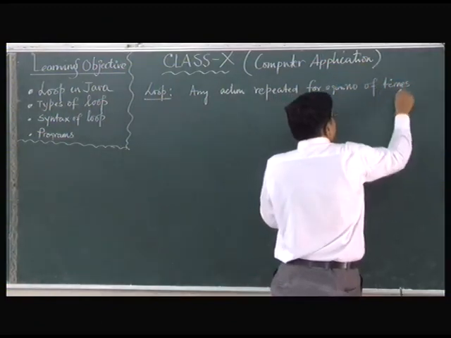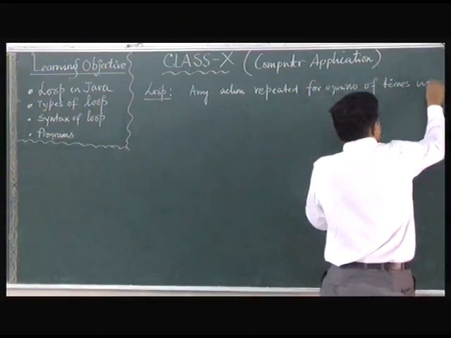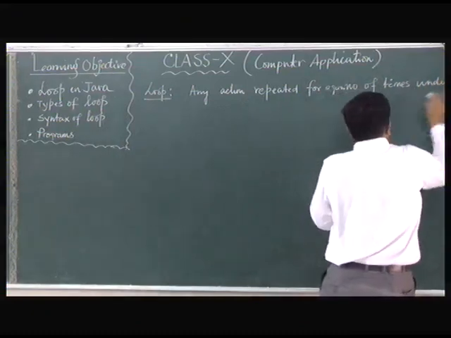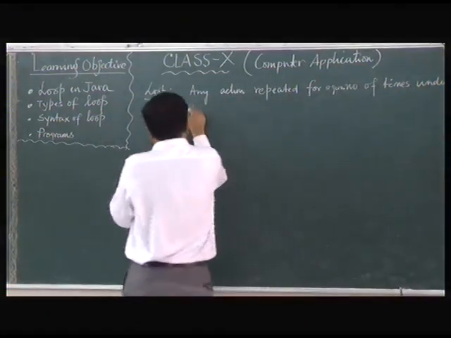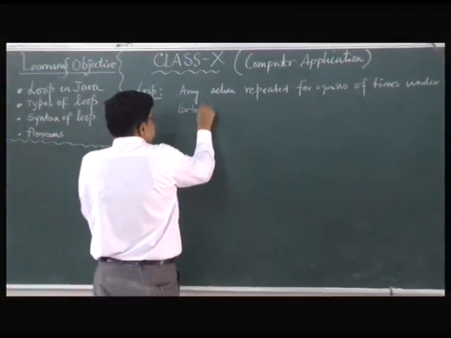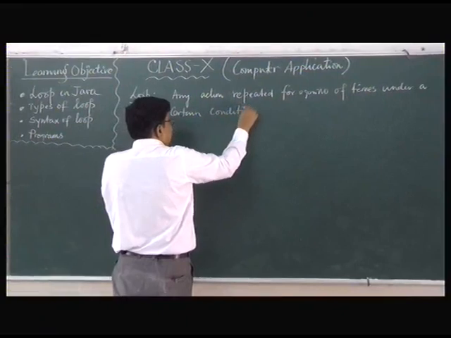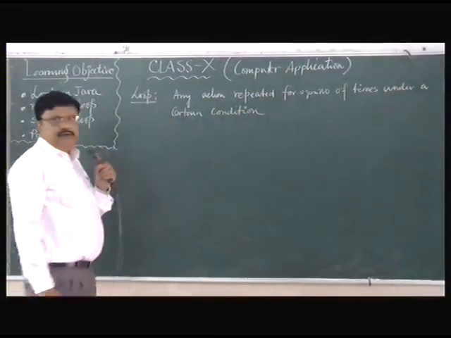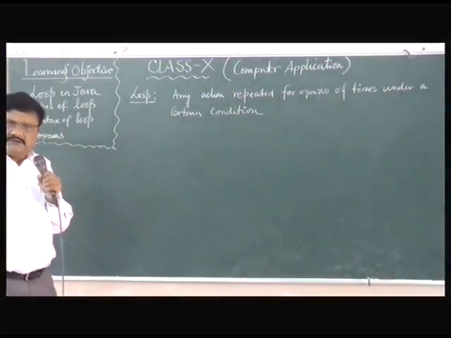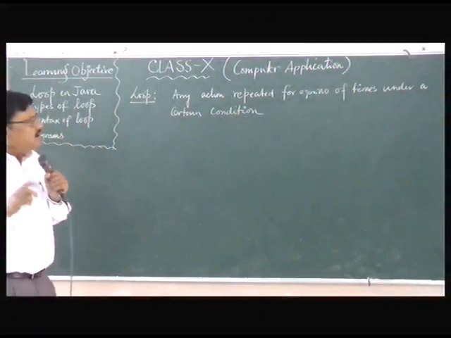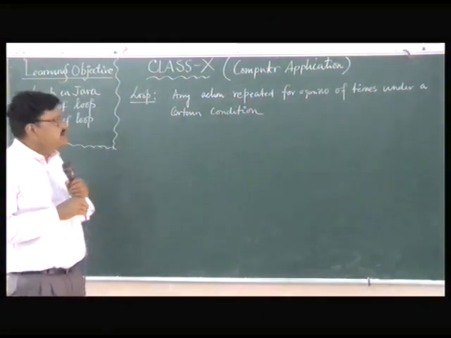What is the given number of times? Under a certain condition, because you have to put the condition also over there, then that is called a loop. So anything which runs a certain number of times under a certain condition.